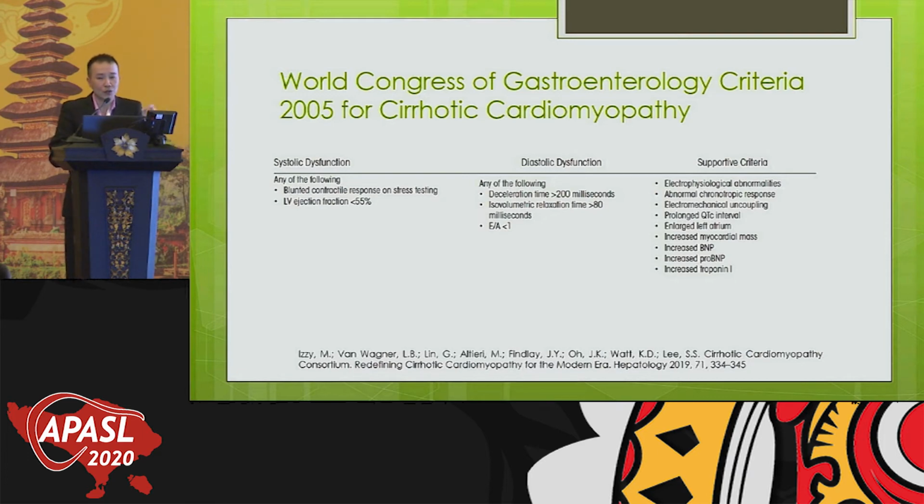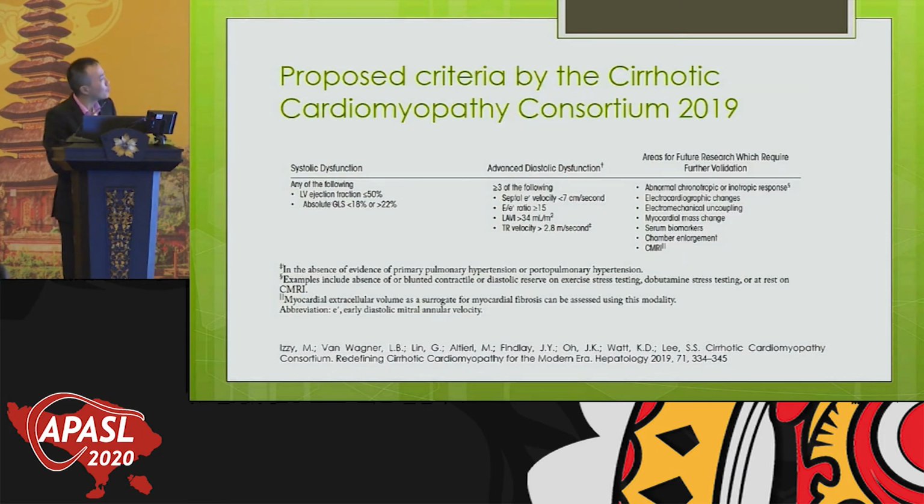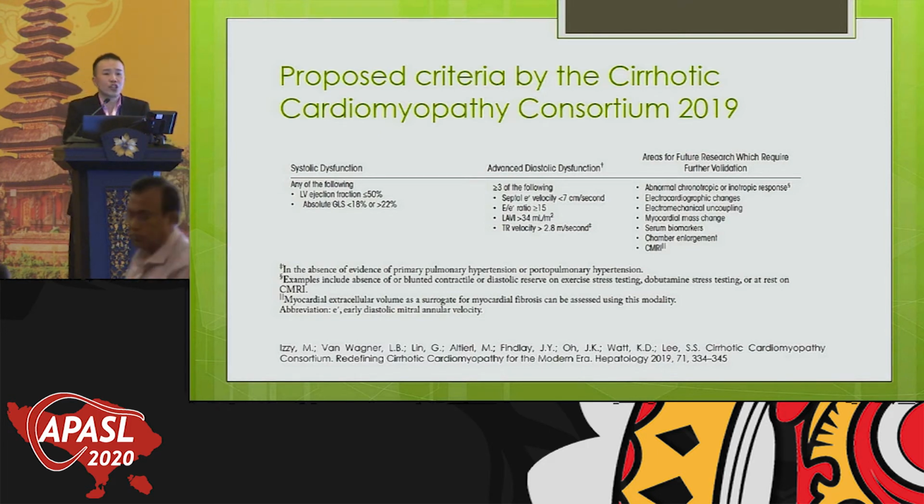This is what the Cirrhotic Cardiomyopathy Consortium has now proposed as the new definition. With systolic dysfunction, they've said left ventricular ejection fraction of less than 50%. Look, I would probably disagree with that. I think less than 55 is more reasonable, given that we know that 50 to 55% isn't quite normal. But they've now, fortunately, used the term global longitudinal strain, so they use that particular metric.